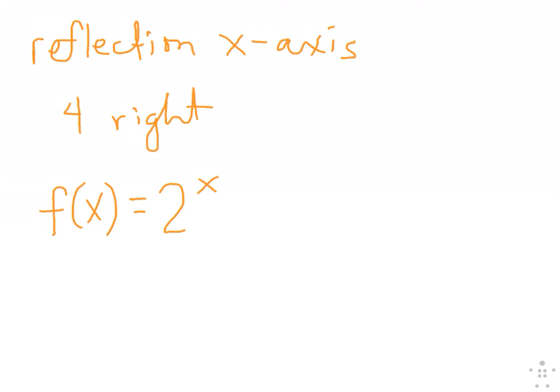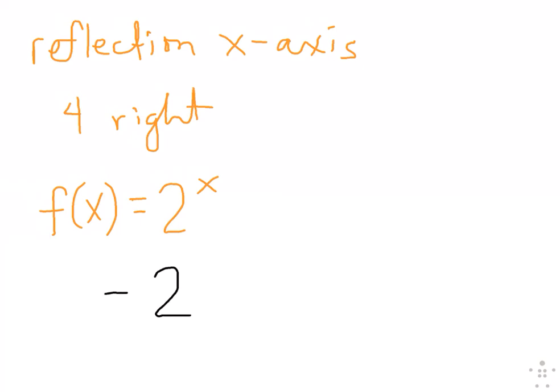So what am I asking you to do? I'm asking you to write the new equation. Have you guys done that for me before? Yes, just about on every test that we've had these, correct? So, where does the reflection on the x-axis go? Outside.